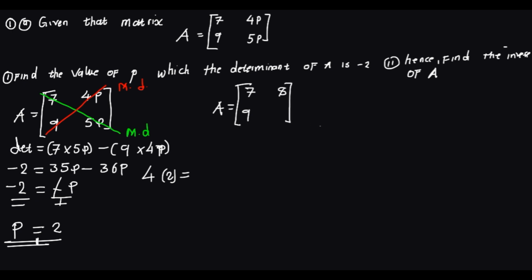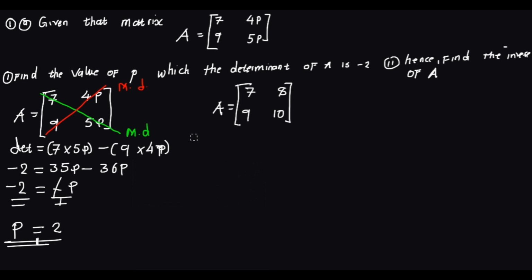Then 5 times 2, so here we get our 10. So this is our original matrix A. And we can see that if we multiply 7 times 10 is 70. 9 times 8 is 72. If we subtract 70 minus 72, we are able to get our final determinant, which is negative 2.